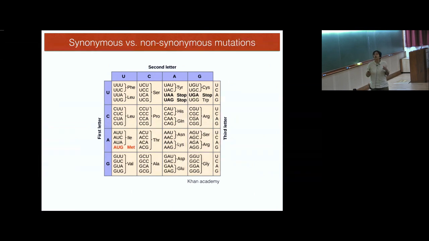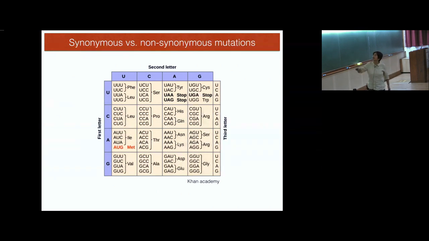Yeah? Okay, and so now this becomes interesting because your naive expectation would be that any organism, anytime it wants to encode, let's say, phenylalanine, should use UUU and UUC about equally, right? Randomly. Any one of them is fine because they both give you the same amino acid. Does that make sense?